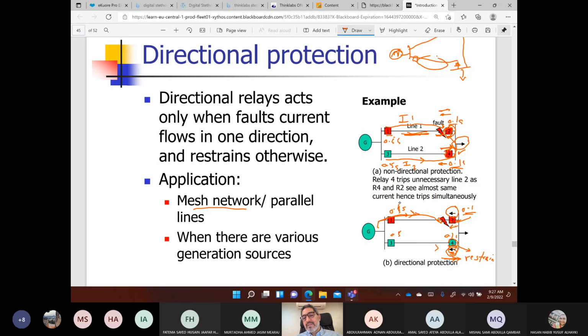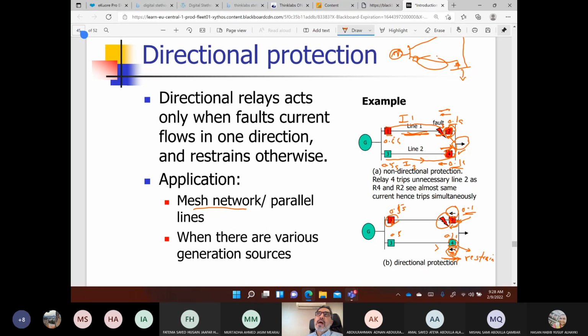So after 0.5 seconds, this one will operate and will clear the fault here. So there will be no fault anymore once 1 and 2 have operated. So the loss of selectivity can be avoided by having directional relays.